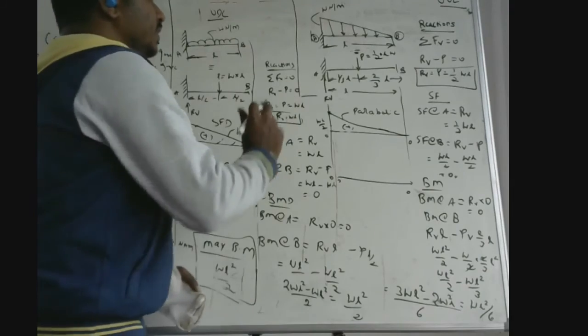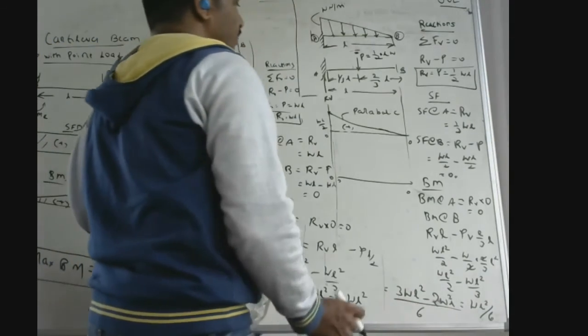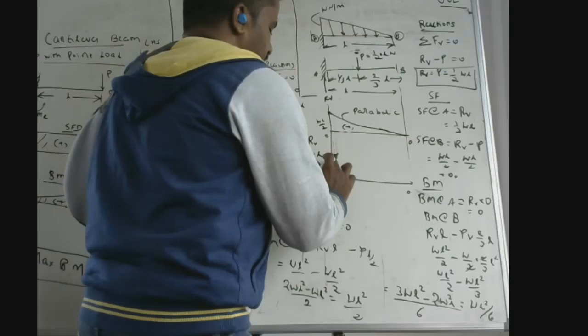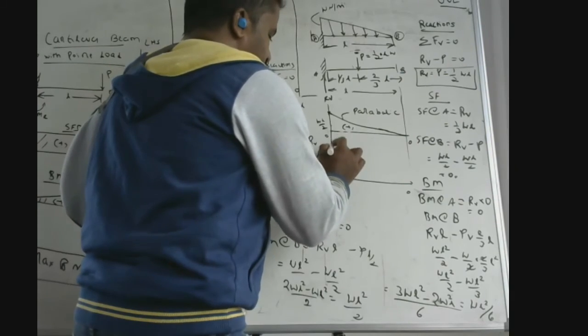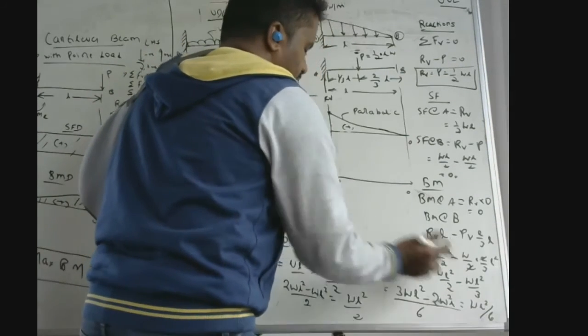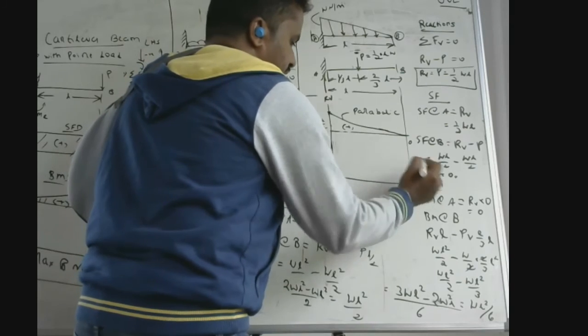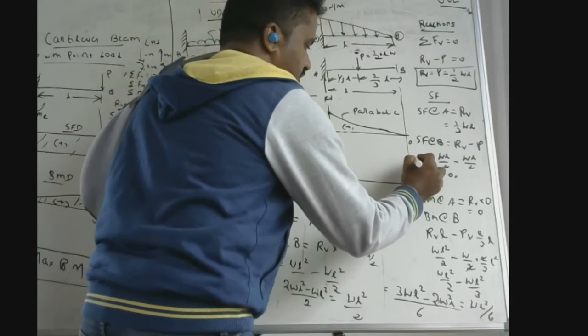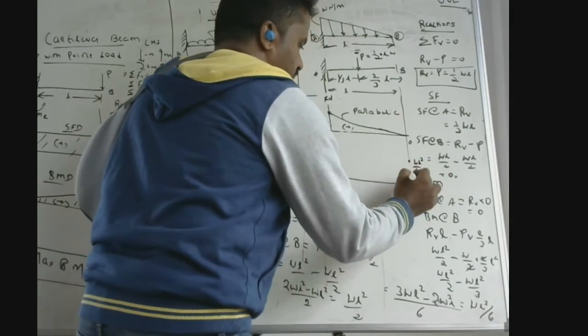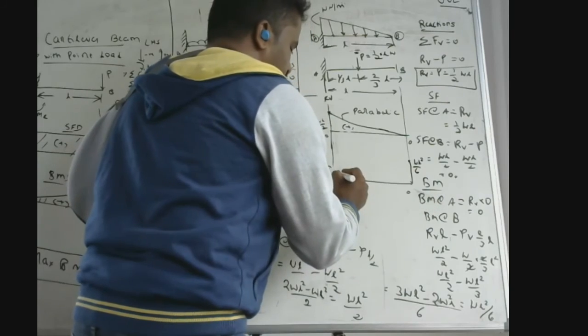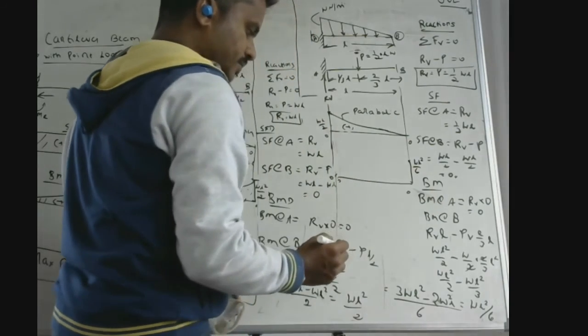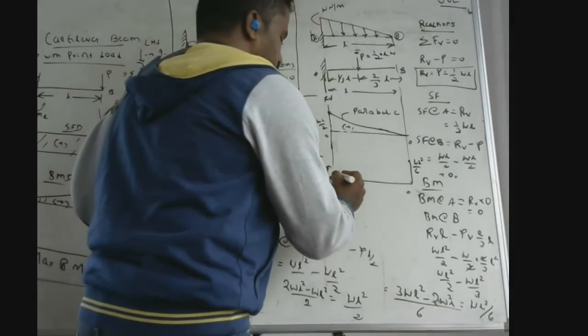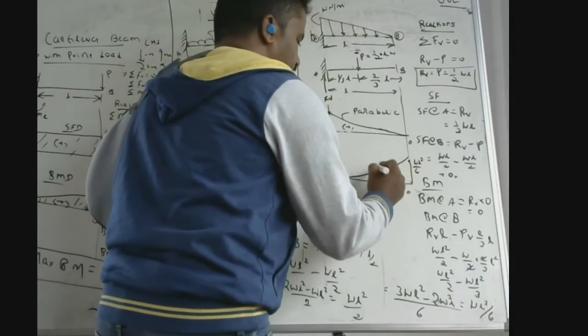Whenever the UVL comes, the variation of the bending moment will be cubic in nature. Therefore, here at point A it is 0, and here it is plus WL squared by 6. Here the variation is a cubic curve, right?